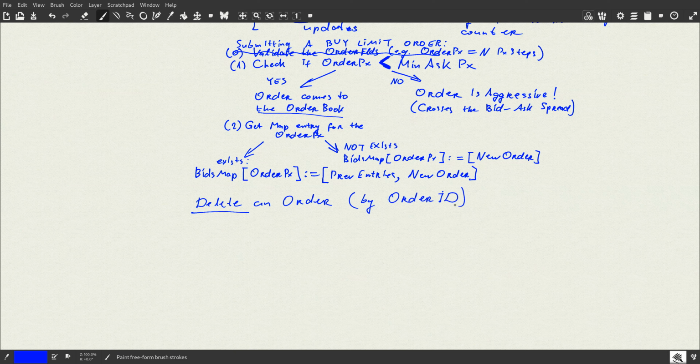And actually, when an order is installed in the order book, the client should be notified somehow. We need to think how. Notify the client of the order ID. How can we do it in a blockchain environment, and whether we need to do it, we need to think about. But okay. Now suppose that the client wants to delete an order.